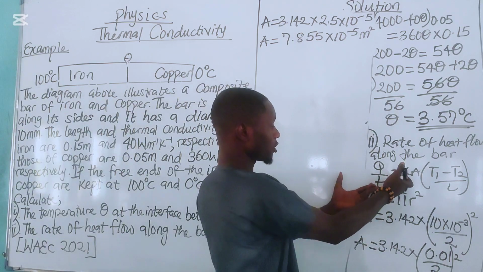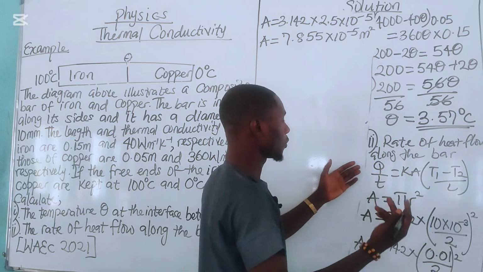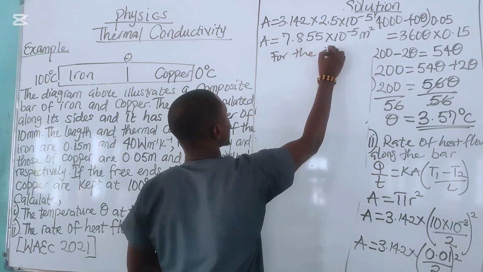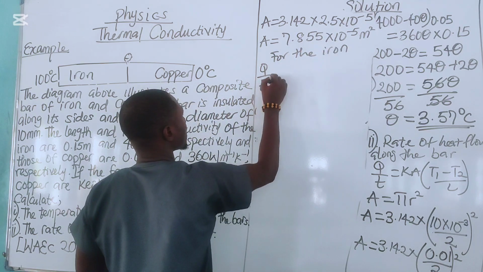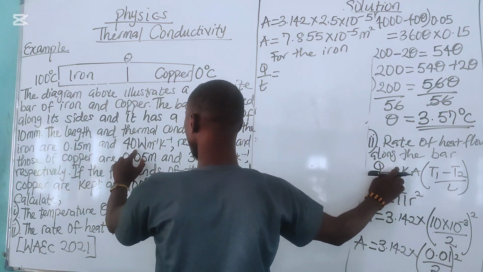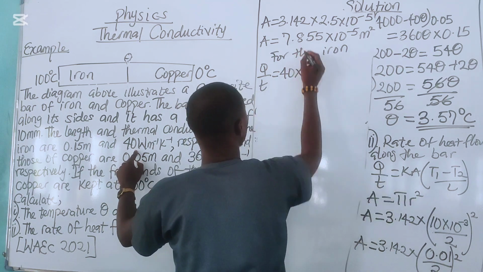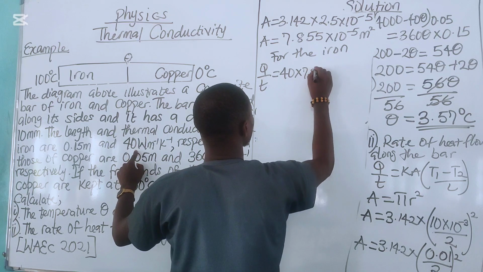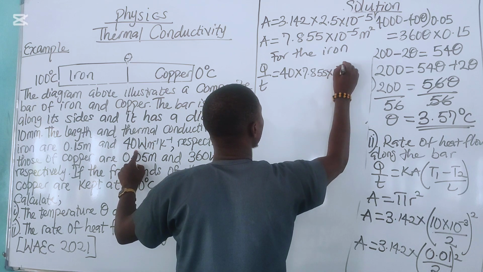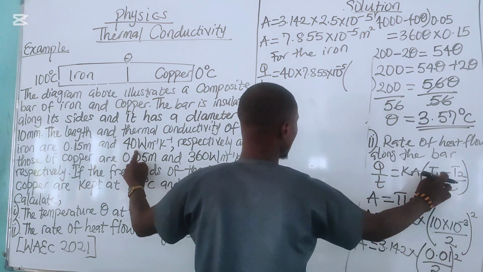So we can go ahead and substitute into the equation to find the rate of heat flow. Let's use that of the iron. Q over T now becomes K, the thermal conductivity of the iron, which is 40, multiplied by the area, 7.855 times 10 power minus 5, into the temperature difference T1 minus T2.